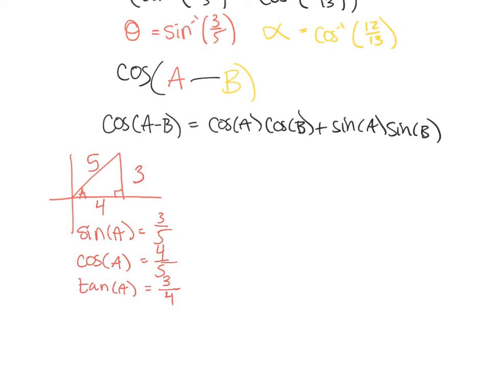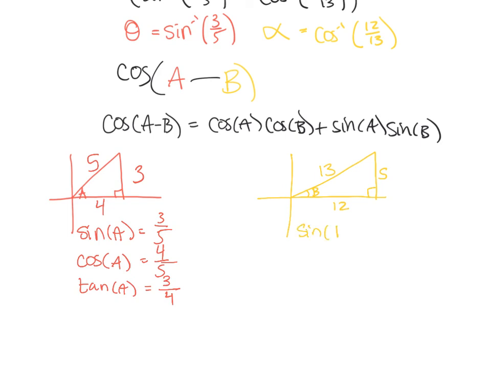For our alpha, or angle B, yeah, that's roughly to scale. All right, so our angle B right here, we know cosine is adjacent over hypotenuse. This will be 12 over 13. And then you can use Pythagorean theorem, or just know your Pythagorean triples, that our opposite side here is going to be 5.